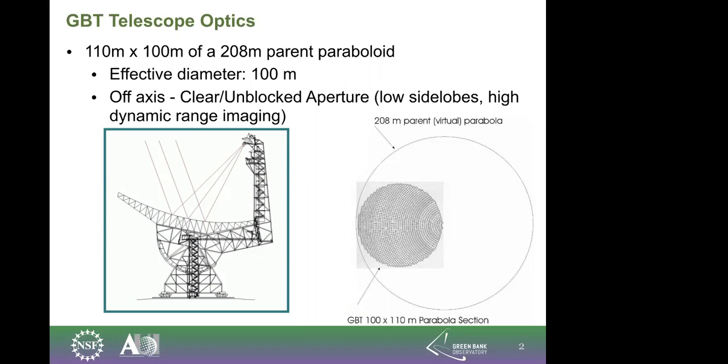You can see where the dish structure of the GBT is relative to the parent virtual parabola. The effective diameter of the GBT is 100 meters, and it has an off-axis, clear, unblocked aperture, which results in low side lobes and high dynamic range imaging.